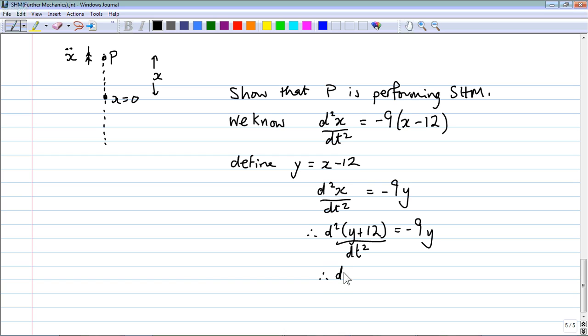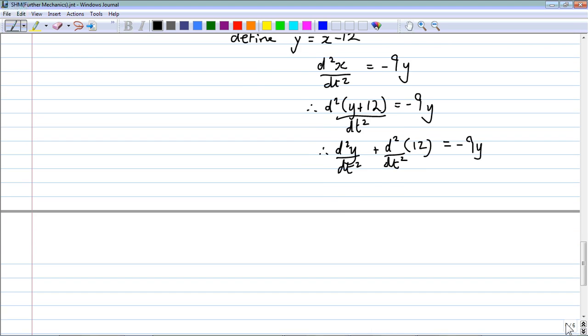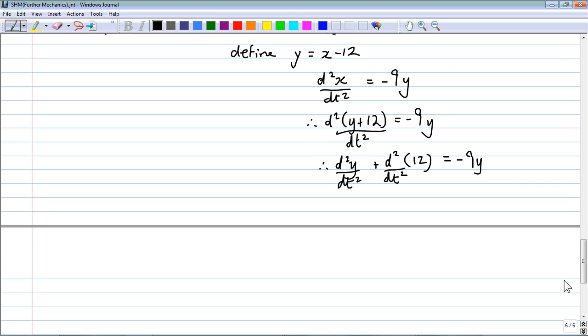Therefore d2y by dt squared plus d2 by dt squared of the function 12 is equal to minus 9y. I'm writing this in great detail, but you maybe could skip one or two of these steps. And this is equal to 0 because 12 is a constant. It doesn't vary with t, so this derivative is 0.